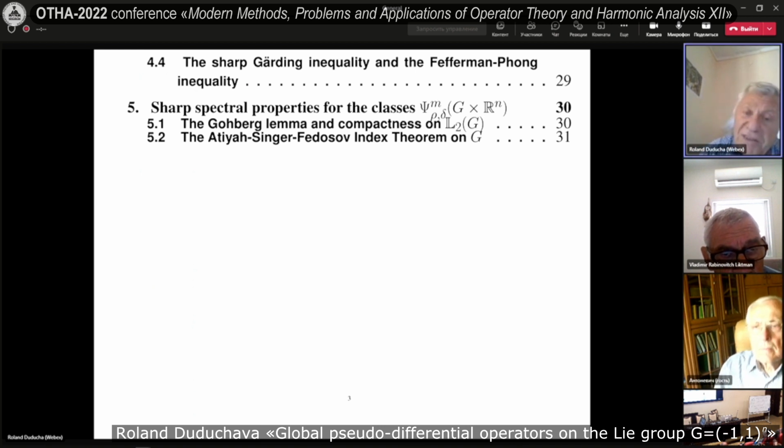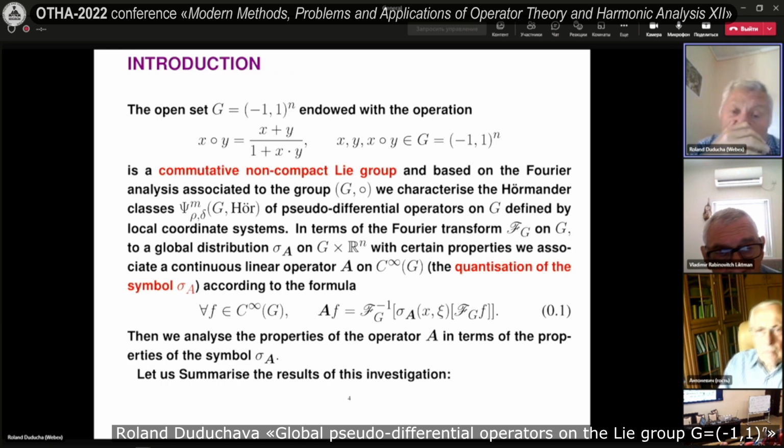Okay, let me start. The open set, the cube (-1, 1) to the power n, is a cube in Rn. We can endow it with the group operation (x plus y) divided by (1 plus x multiplied by y), I mean the scalar product, of course.